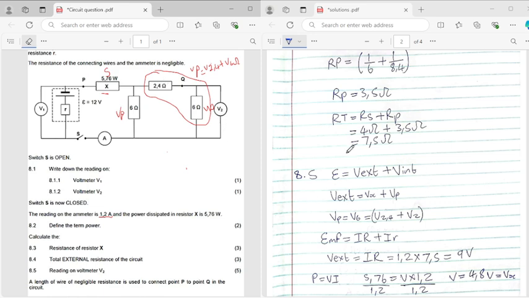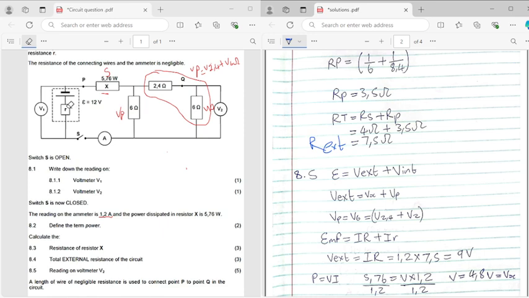Right, so with that in mind, remember that we already have the total resistance that we got of 7.5. We already have the total current of 1.2 amps. Remember that this is the external resistance, it doesn't include the small r.